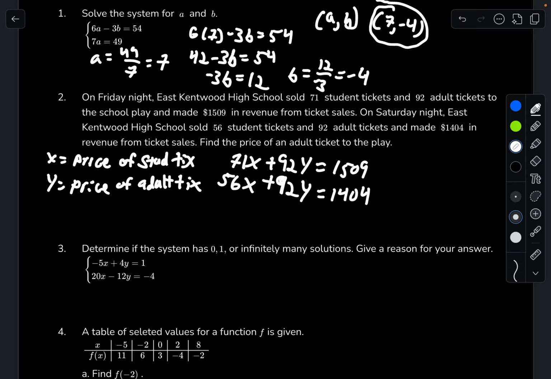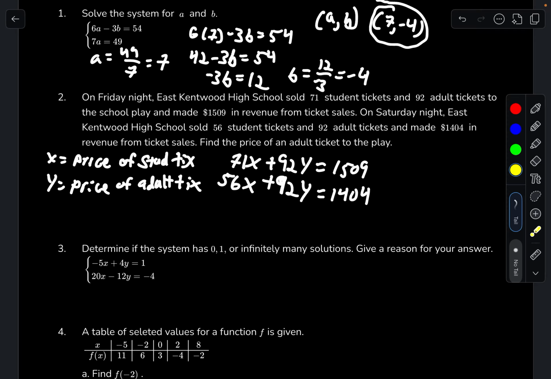Well, notice the adult ticket number sold were the same for both nights. So I would kill the adult tickets, which is unfortunate because we want to know the cost of the adult tickets. We want to solve for Y, but we're going to kill Y. We'll solve for X and then have to substitute it back in.